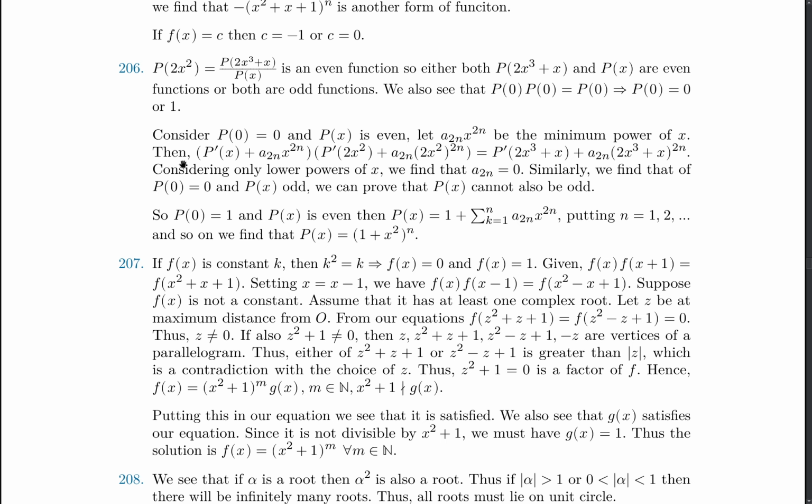Then we have p'(x) + a_2n x^2n p'(2x^2) + a_2n (2x^2)^2n is equal to p'(2x^3 + x) + a_2n (2x^3 + x)^2n. Once we have that, we consider only lower powers of x and we find that a_2n is equal to 0.